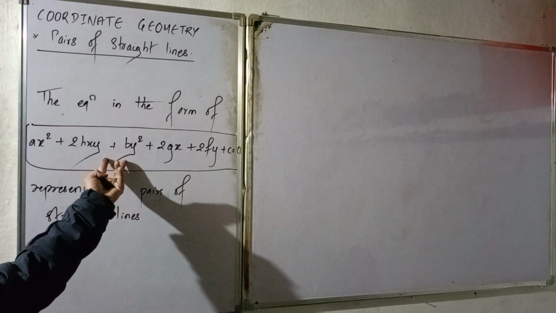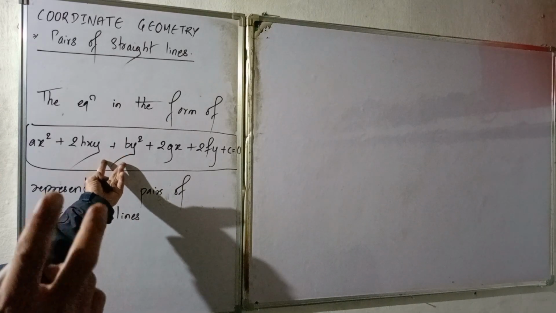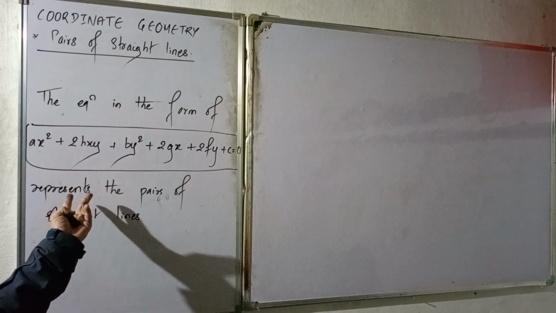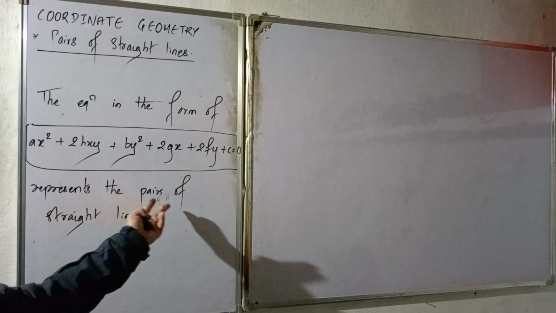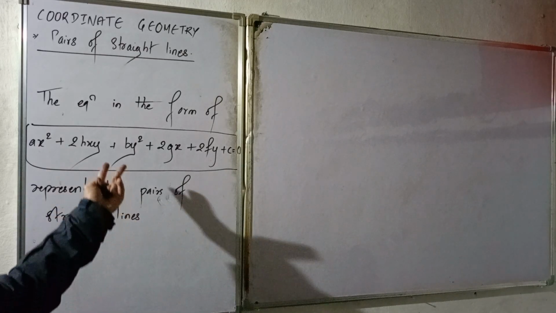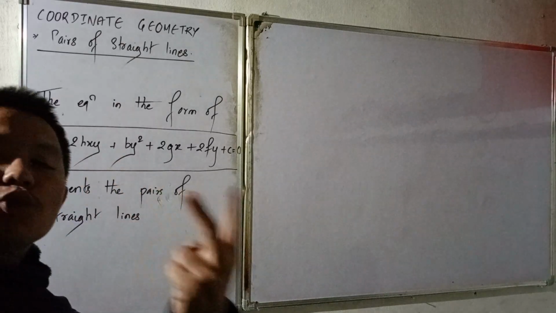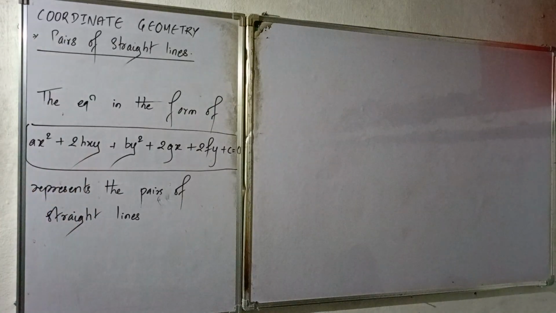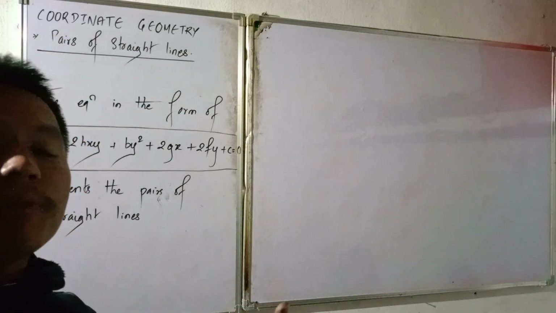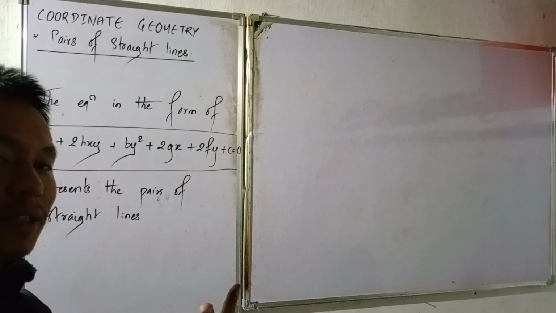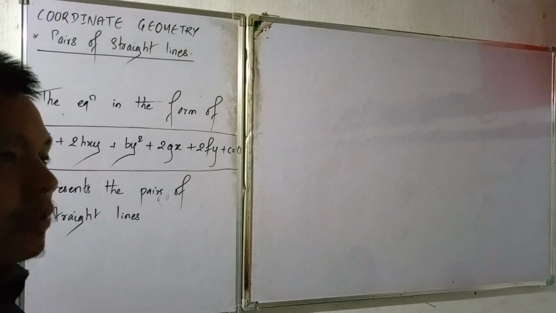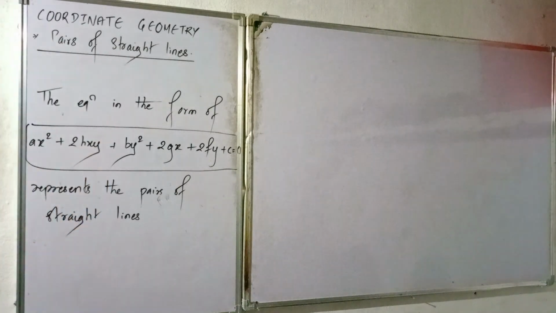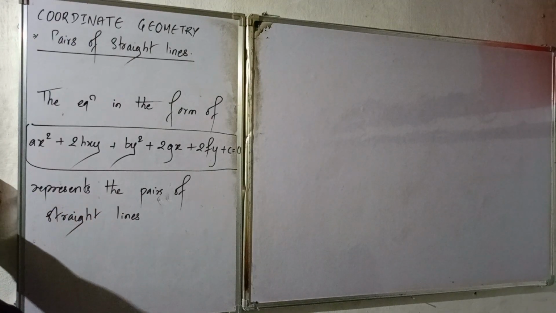That's why it is called the equation which represents the pair of straight lines. If we are not able to factorize it, then it will just be a parabola.